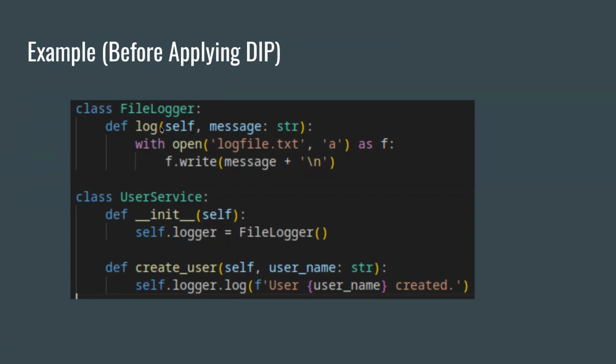We have a FileLogger class and a UserService class. The FileLogger class has a log method, which opens a log file, and the UserService class has a constructor, which sets self.logger as FileLogger, and it has a create_user method, which calls the log method. So we can see that the UserService class directly depends on the FileLogger class.